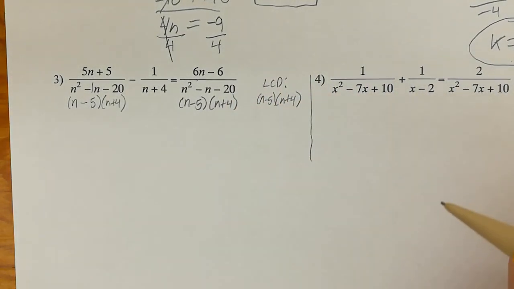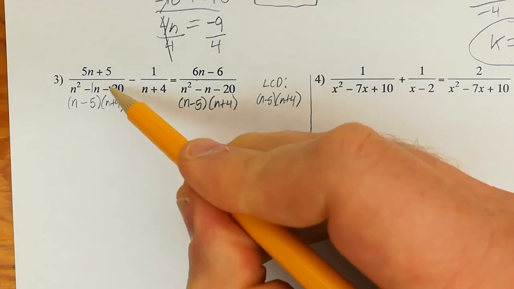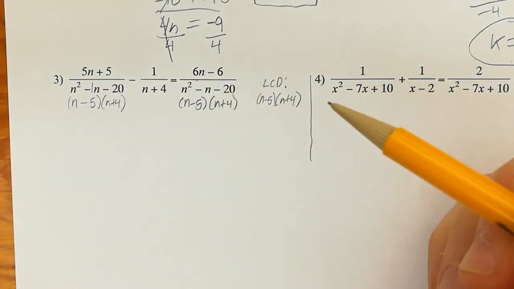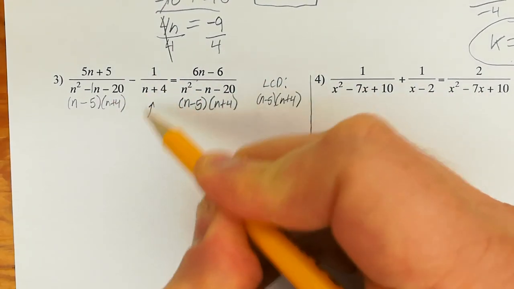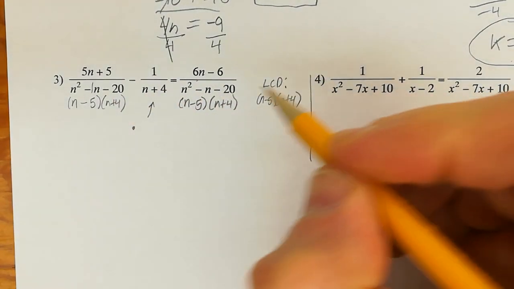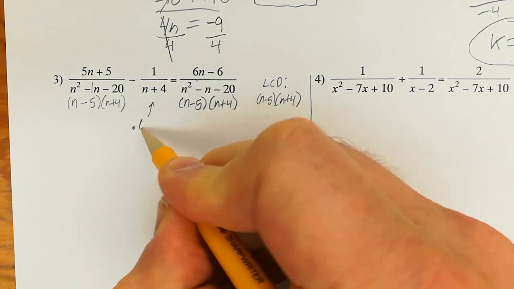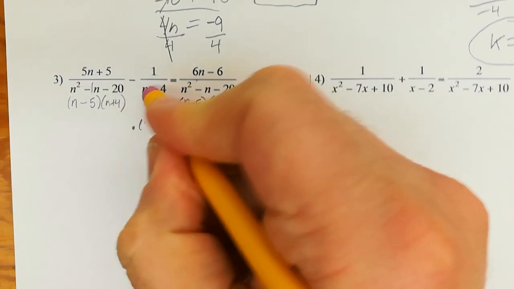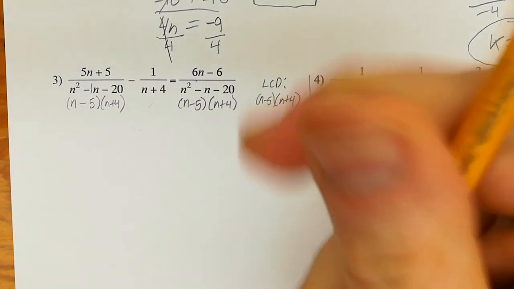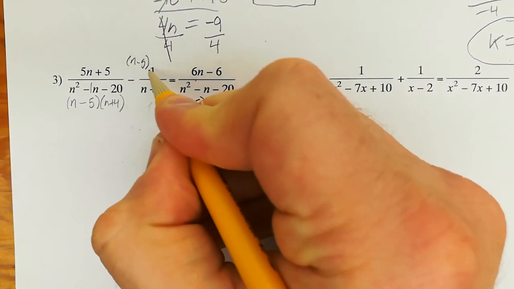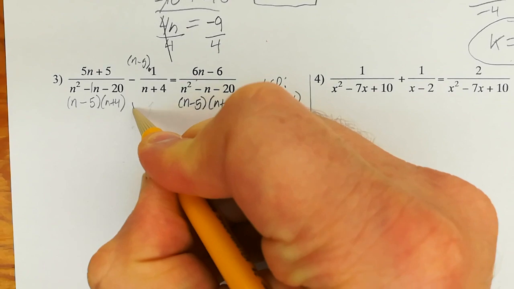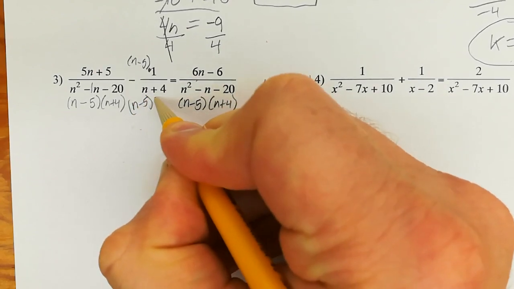So now I need all these denominators to look like this. Well, luckily, this one already does. This one already does. So I just need to multiply this middle fraction. I'm going to have to multiply it by n minus 5 over n minus 5. I'm going to actually write it out a little differently here. Let me go. N minus 5 times that, and then n minus 5 times that.